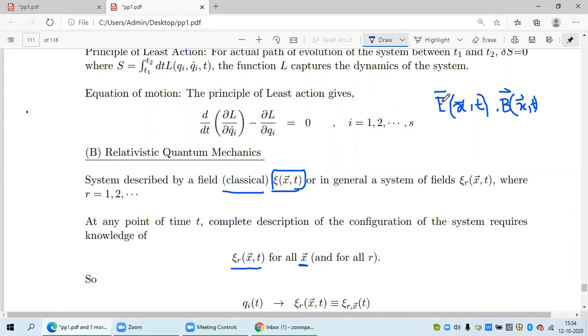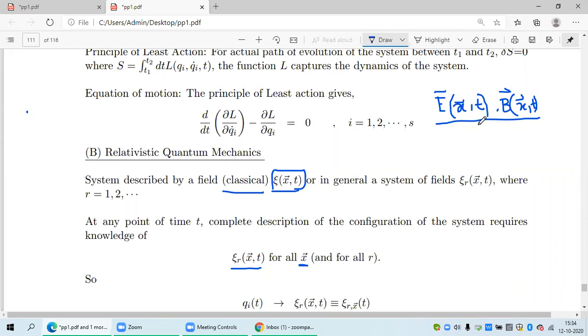So to describe the electromagnetic field in your room, what you can say is that I know everything about this electromagnetic field in my room.